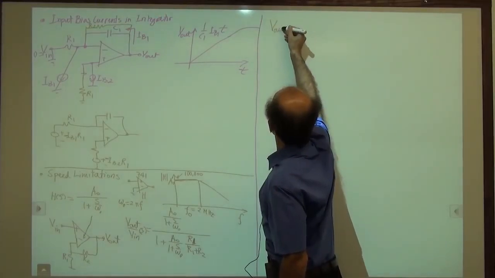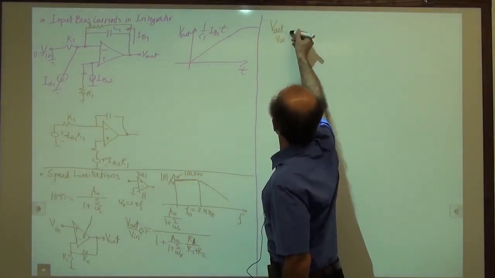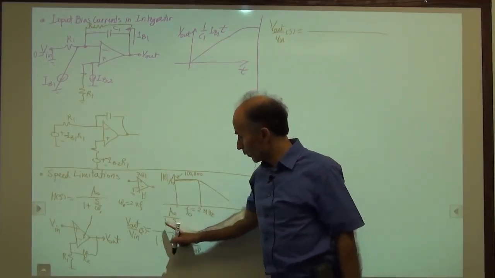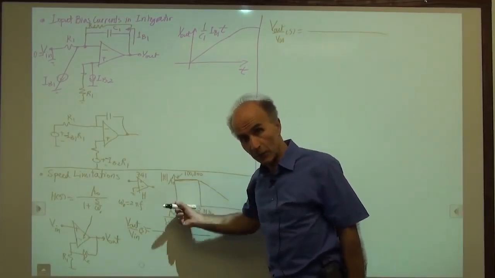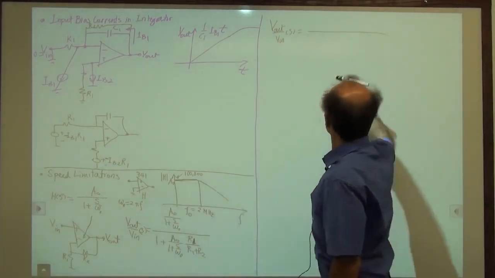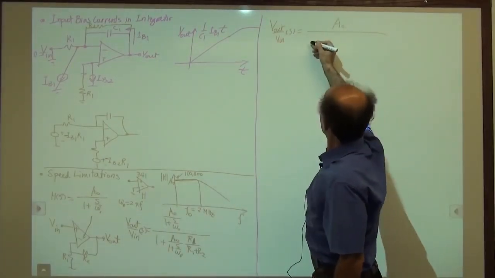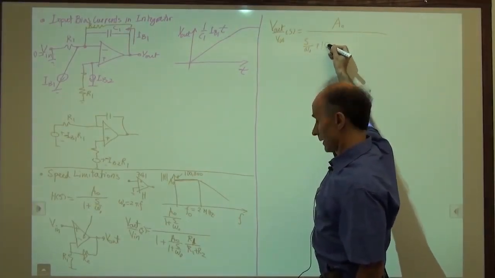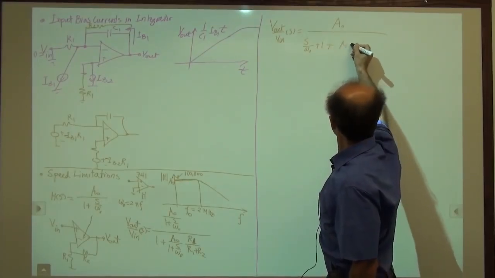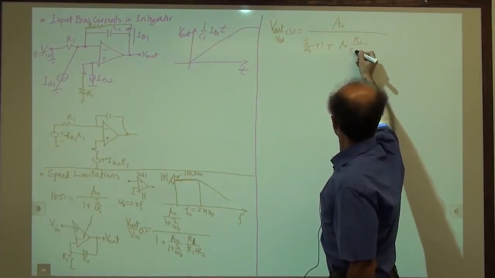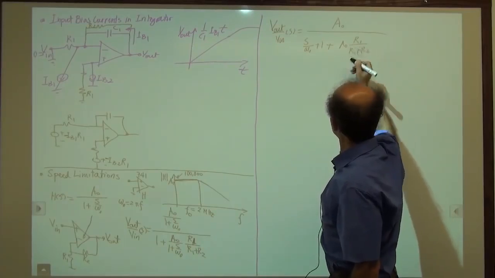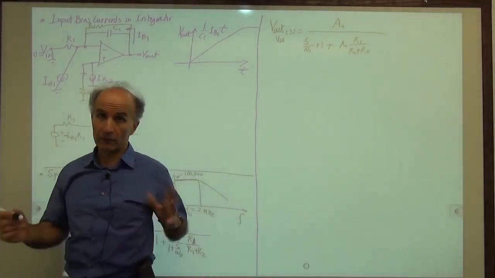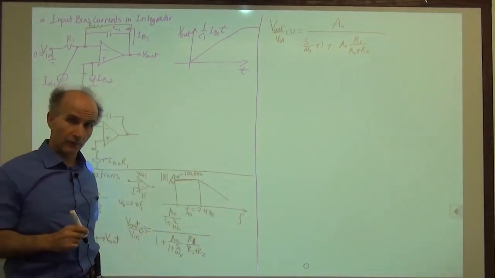I will say V out over V in of S is equal to, let's go ahead and multiply by 1 plus S over omega 0, both the numerator and the denominator. So we have A0, then we have S over omega 0 plus 1 plus A0 R1 over R1 plus R2. So that's the transfer function of the overall amplifier, the closed loop gain or transfer function of the circuit.